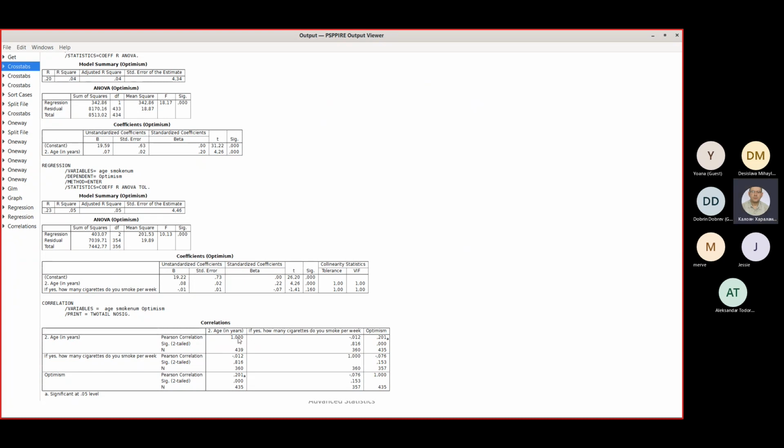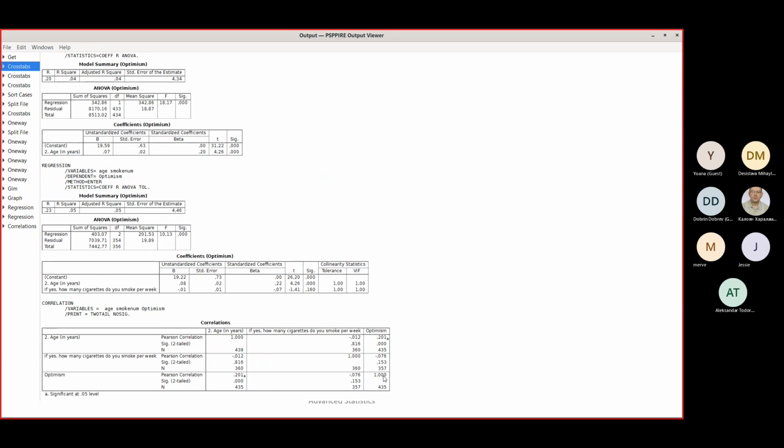And here, the coefficients, the number is 1. Here is 1, here is 1, and here is also 1 because this is correlations between each factor itself. Age with age, normally 1, number of cigarettes per week with number of cigarettes per week. Again, normally the correlation is 1, and optimism, normally correlation is 1.